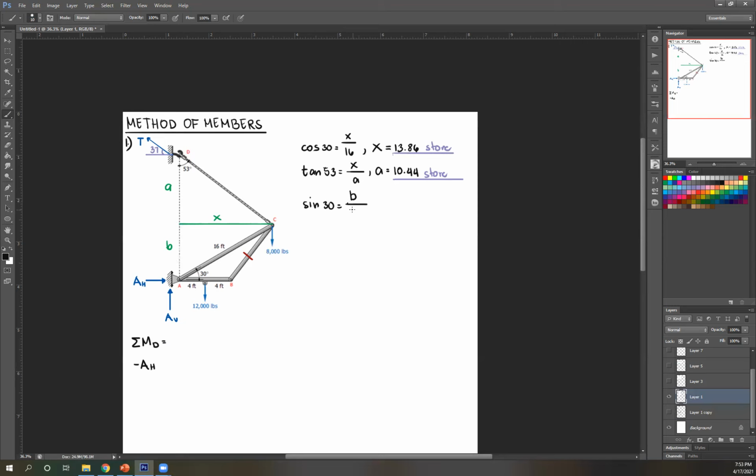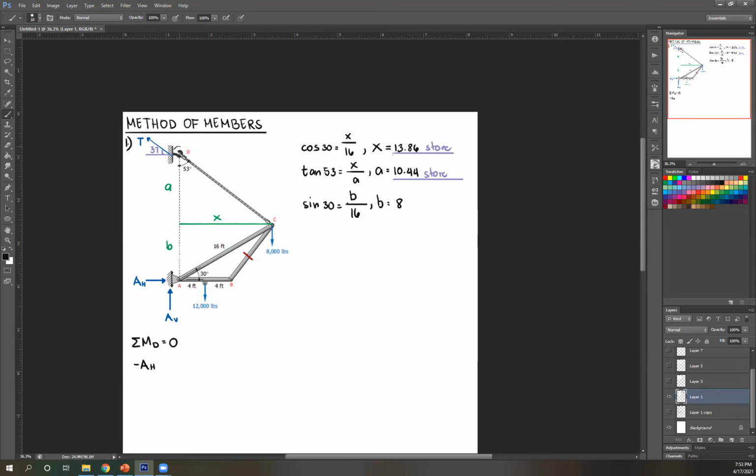Hypotenuse is 16. So solving for B, it's 16 sine 30, which is equal to 8. So now you have your values. Therefore, you can continue solving here.